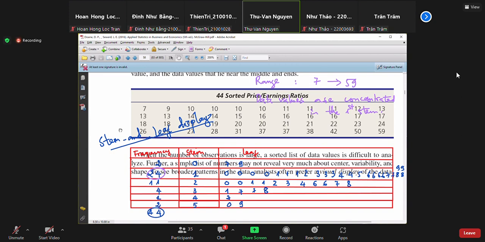I mean that's the range of data values, from 7 to 59. The data values are concentrated in the first stem.